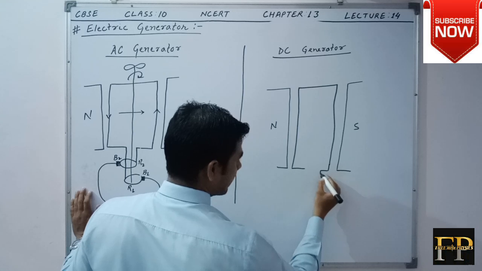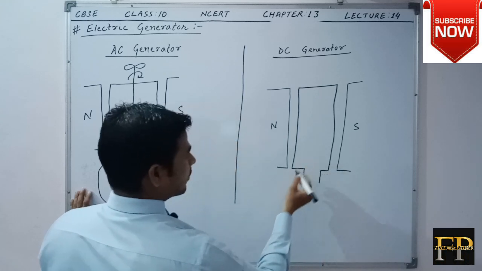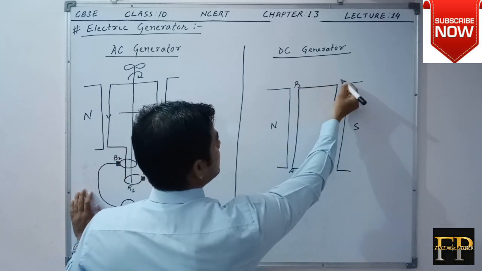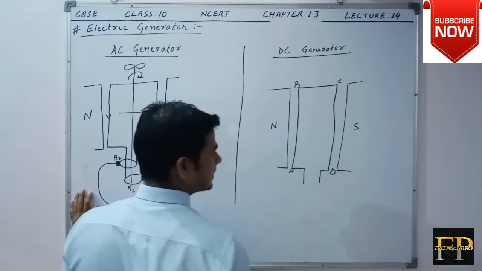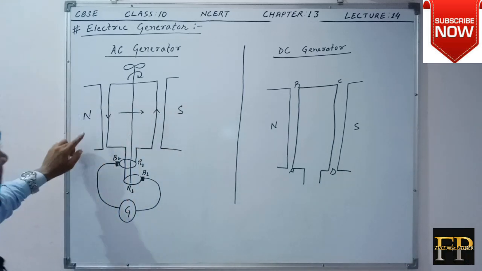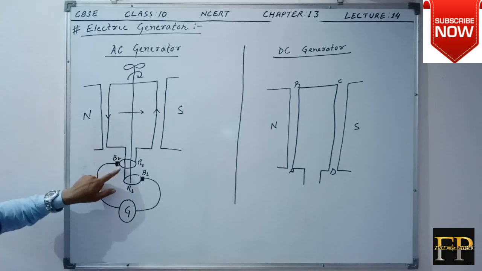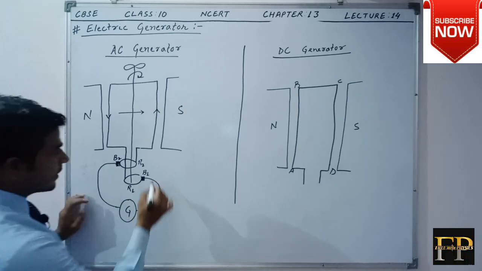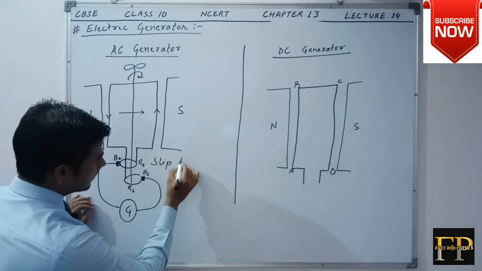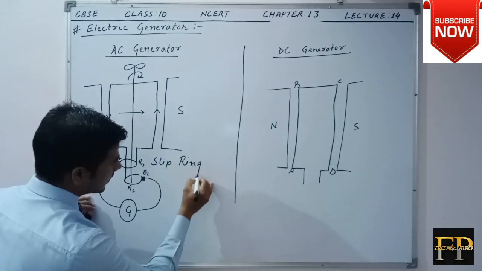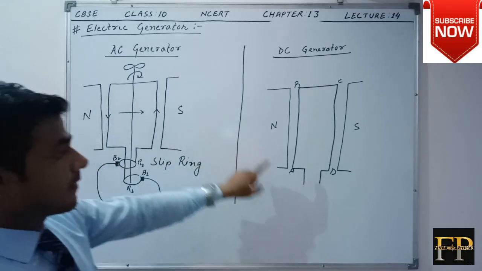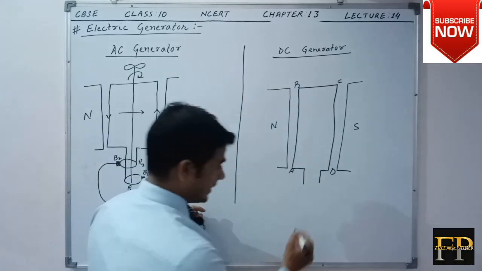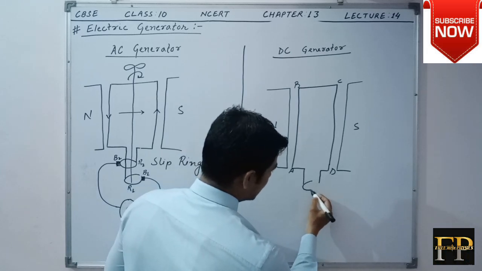Suppose this coil is A, B, C and D. But in AC generator the two ends of the rectangular coil are connected to slip rings, while the two ends of the rectangular coil in DC generator are connected to a commutator.